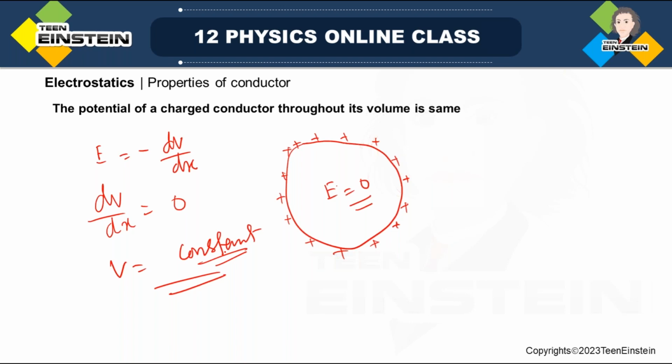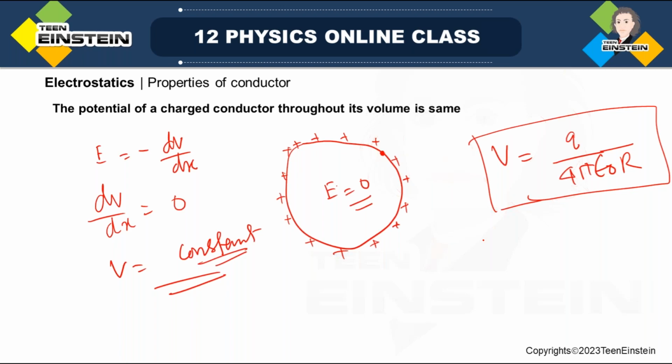If there is a spherical conductor, then the potential just on the surface of the conductor will be given by Q/(4 pi epsilon naught R), where R is the radius of the conductor.